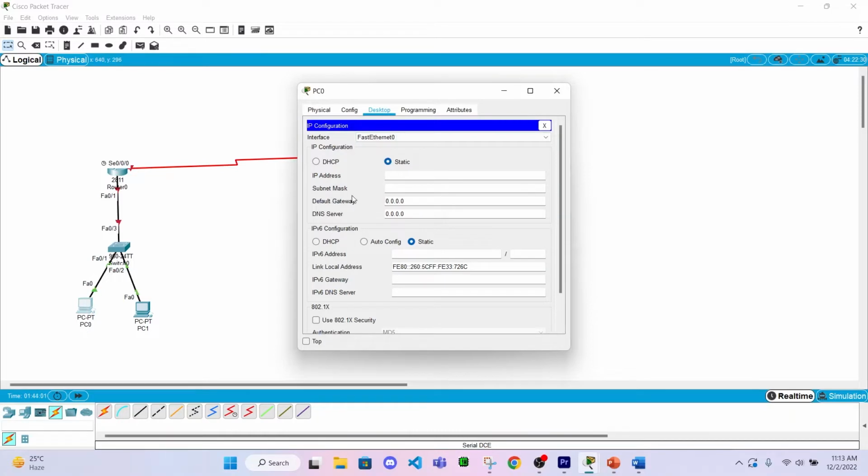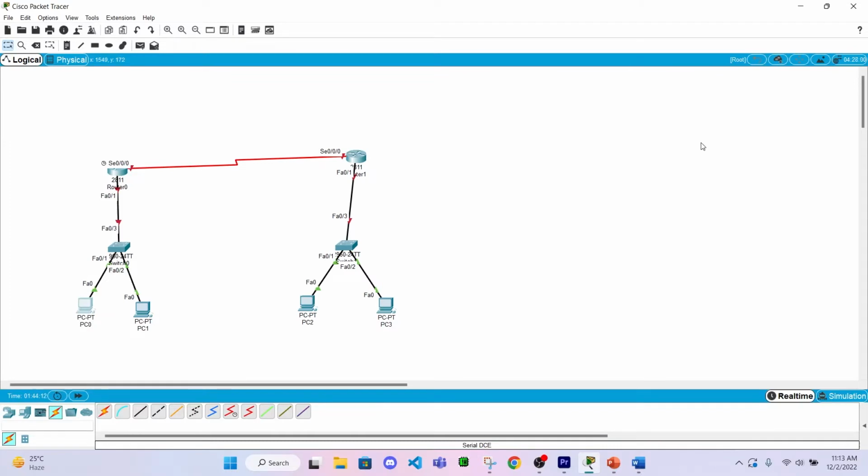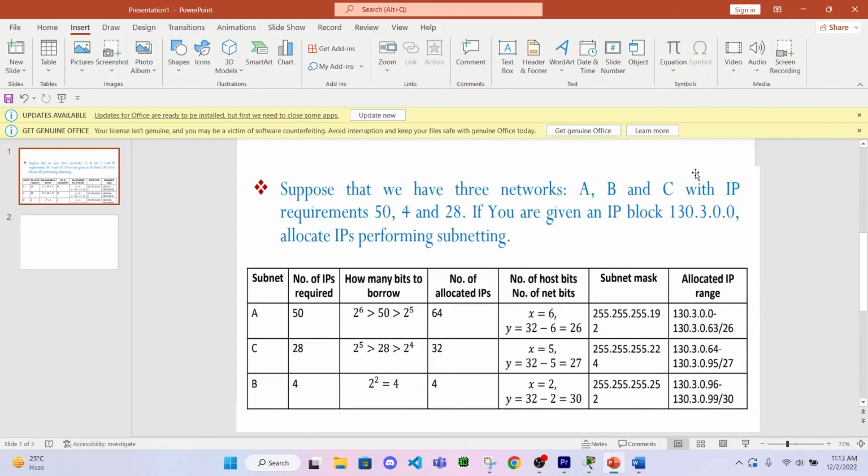There are values for the subnet mask and default gateway, and when we do VLSM, we know the values of the subnet mask and default gateway. So to design any network, you must know VLSM. So in this lecture, we will learn about VLSM.